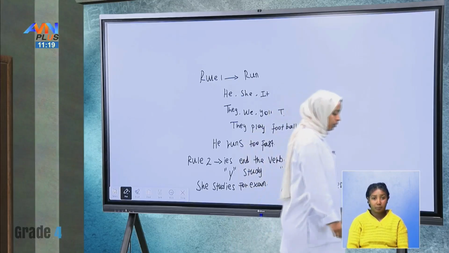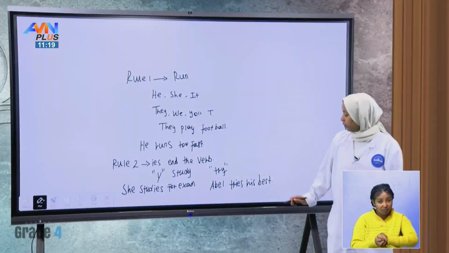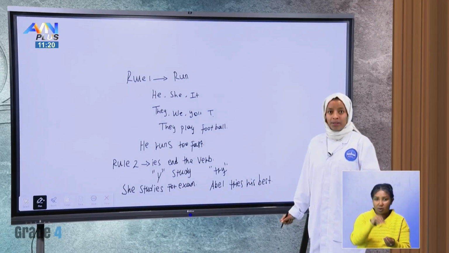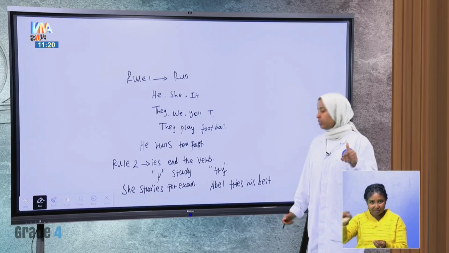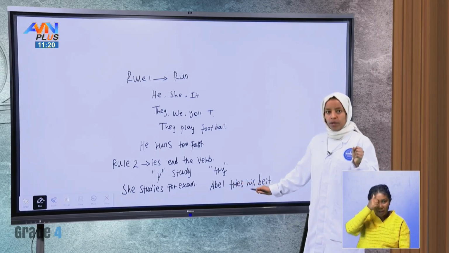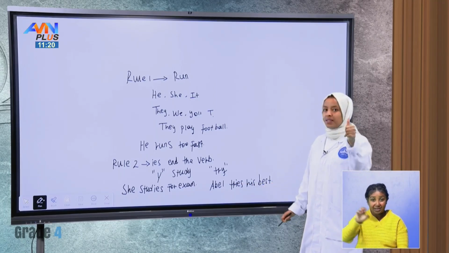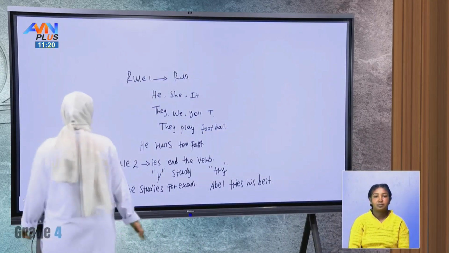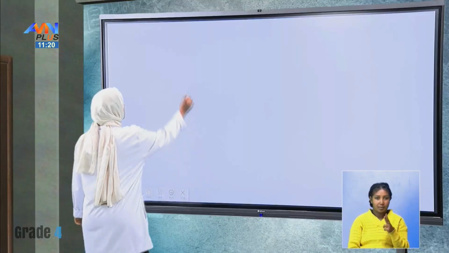Look, students, here I change the try, adding what? I-E-S. Abel tries his best. Bravo, students. Let us continue. Rule number 3.